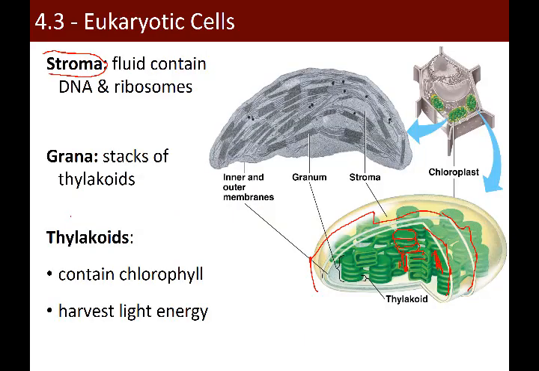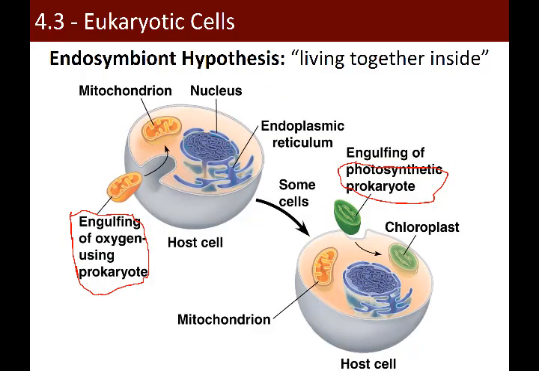And it seems that these somehow were engulfed by a larger eukaryotic cell, probably as the cell was intending to use them as food. But once they were engulfed, if they didn't get digested right away and they continued to carry out their function, the cell may have realized that they were actually more beneficial if they kept them inside instead of eating them.